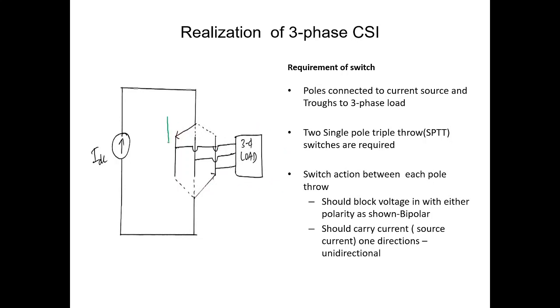Now we require a single pole triple throw switch, and we require 2 single pole triple throw switches in order to realize the 3-phase current source inverter.